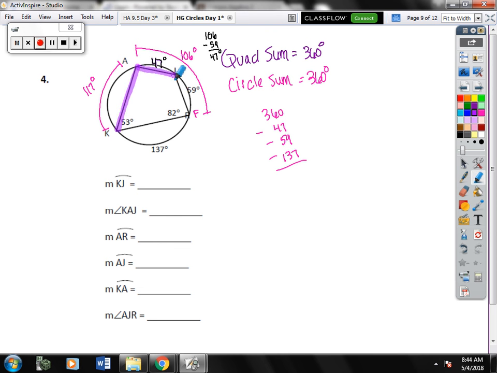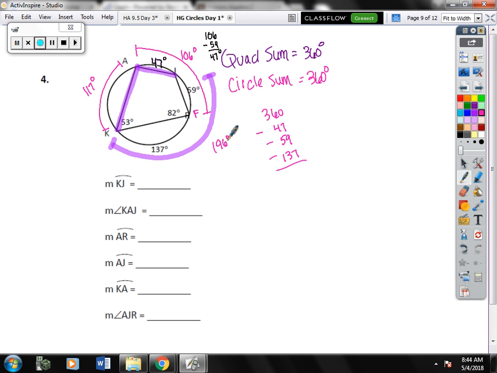What type of angle is that? Inscribed. So the inscribed angle will be half the measure of the arc. You need to figure out how big the arc associated with it is, which is this big arc. How big would that arc be? So then to find the measure of the angle, what do we have to do with that?